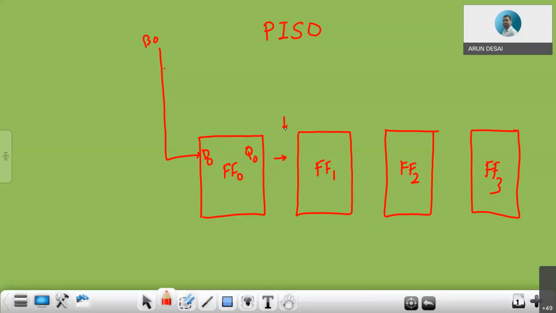So what we need to do for this is we are using a special type of arrangement of gates here.